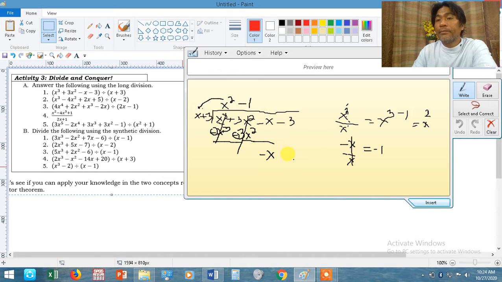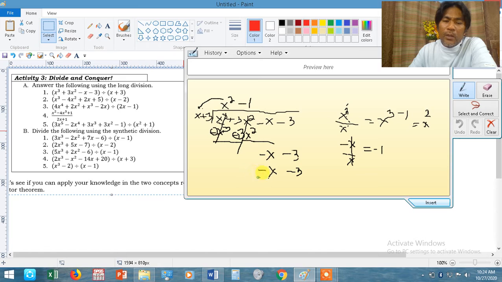Alright? So perfect pala to. So we have negative 1 times x would give you negative x. Negative 1 times positive 3 will give you negative 3.